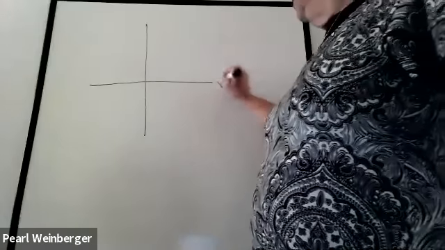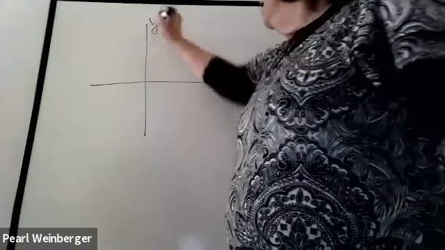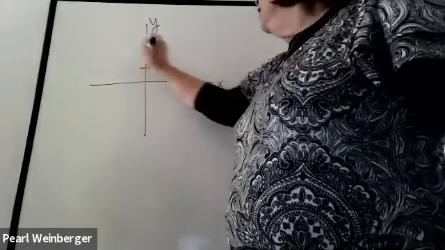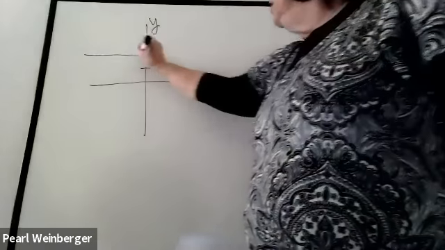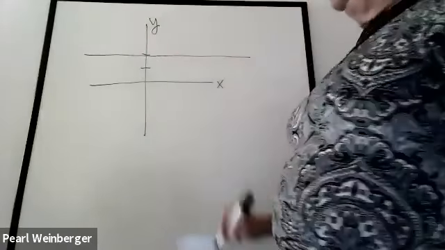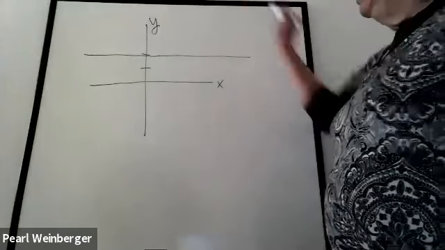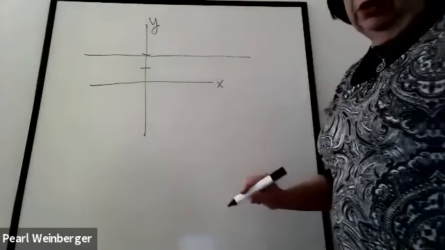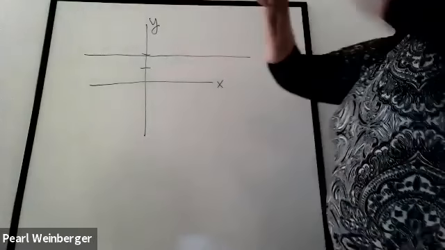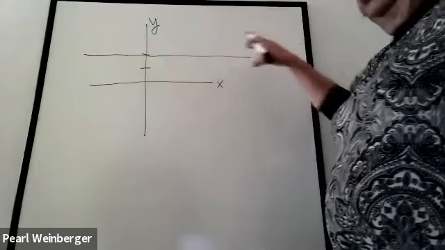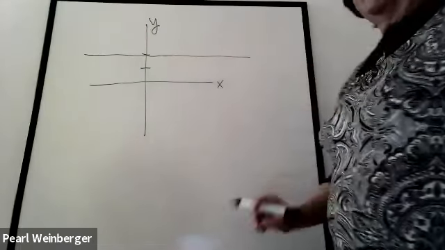Let's see, here's my x-axis, here's my y-axis. Let's say I have this line. Here is a horizontal line. And lines that go straight up and down are called vertical lines. This is horizontal. You look at the horizon, it's straight across. That's why it's called horizontal.